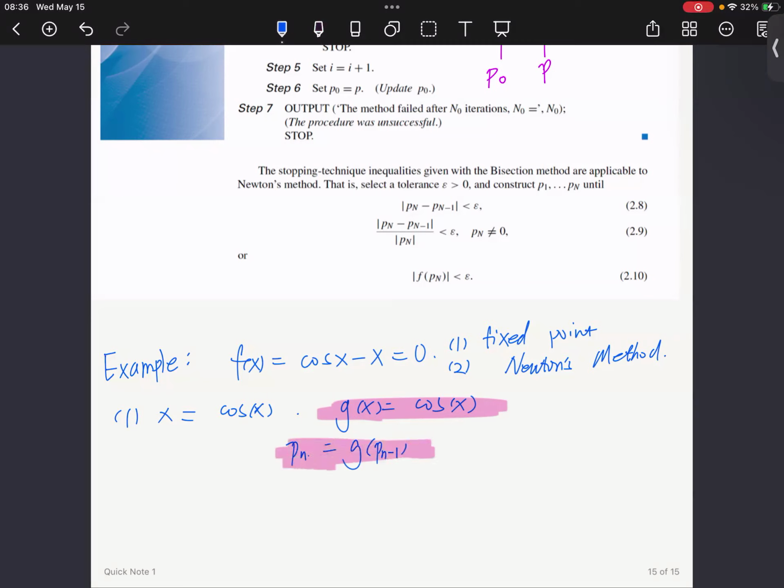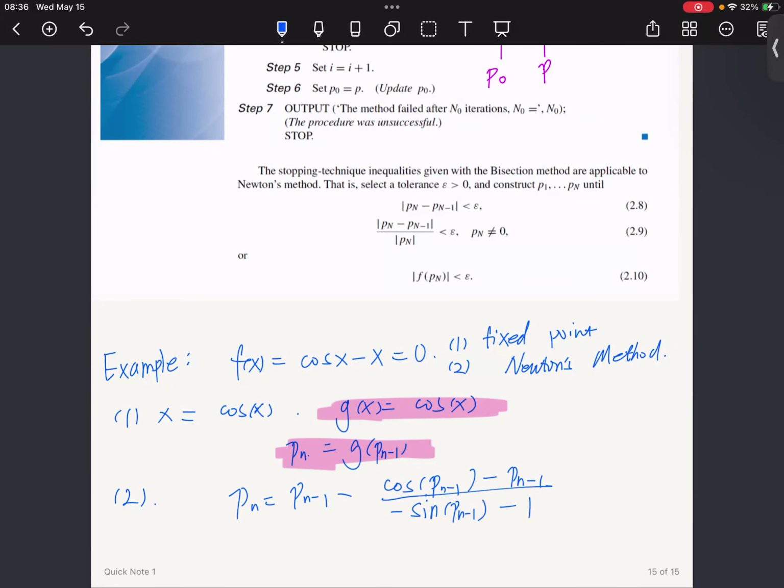For the Newton's methods, we are going to generate the sequence by Pn equals Pn minus 1 minus f(Pn minus 1) divided by f prime(Pn minus 1). And what is f(x)? f(x) is cosine Pn minus 1 minus Pn minus 1, divided by negative sine Pn minus 1 minus 1.